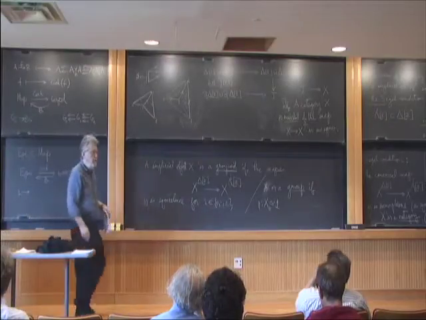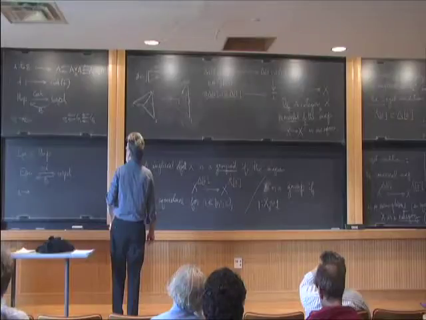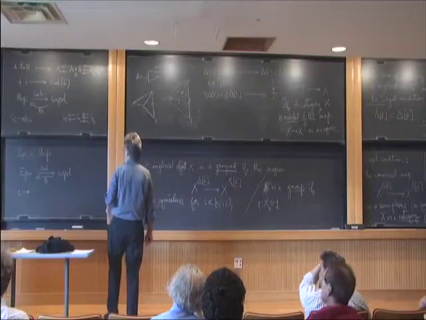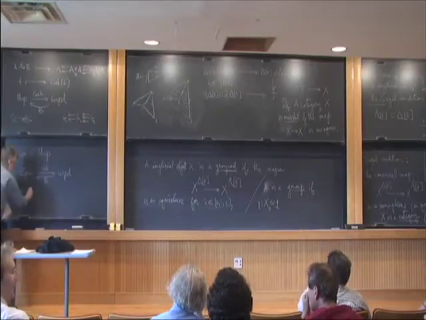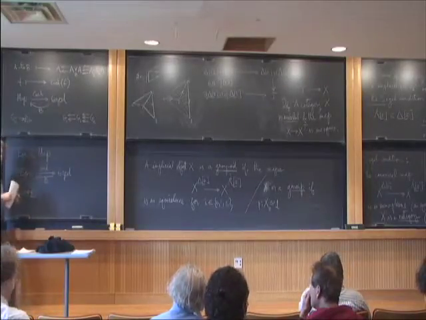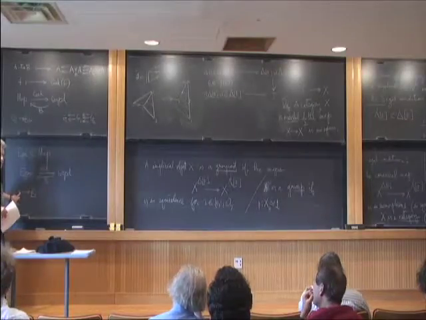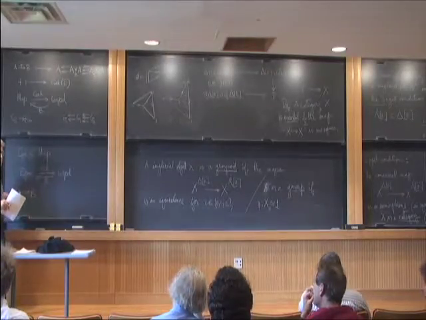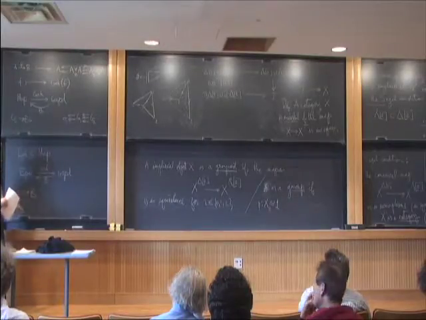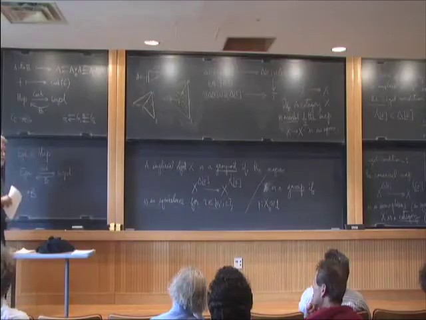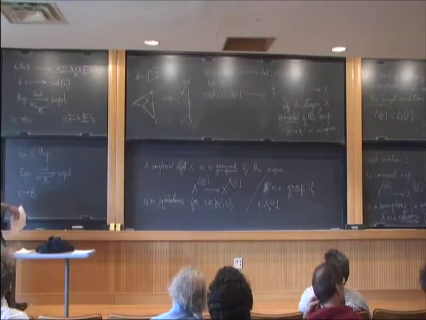Let's fix B to the point. But in any case, if I fix A to a point, what will happen is that I will have a retraction here, which you may consider, or you don't want to consider it as a section. No, other way around, if I fix B to a point.